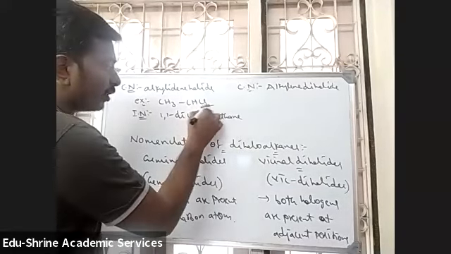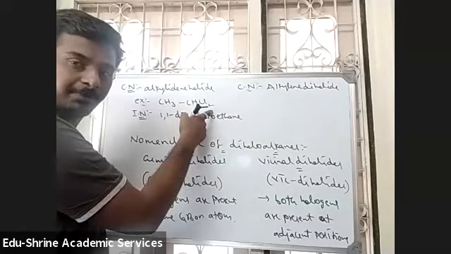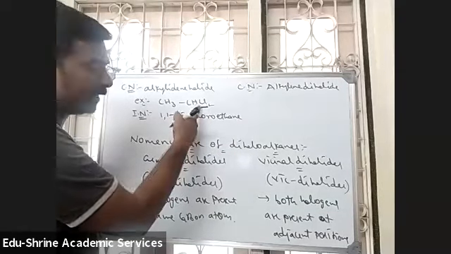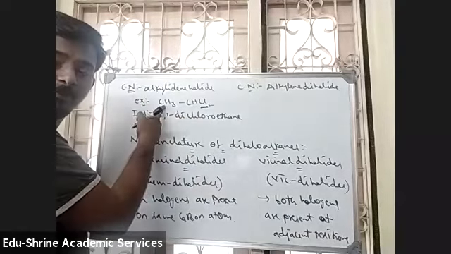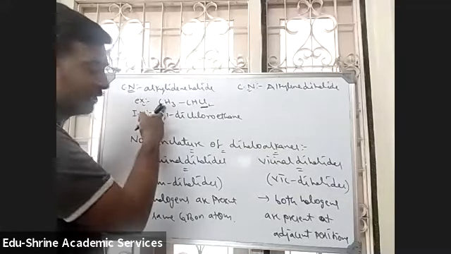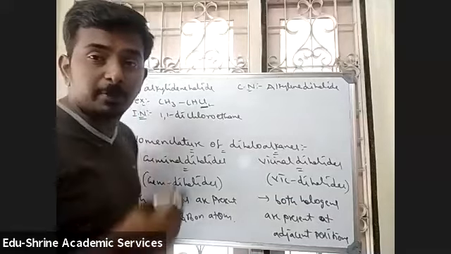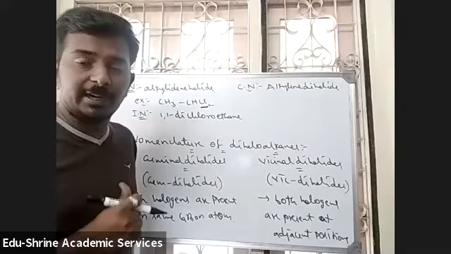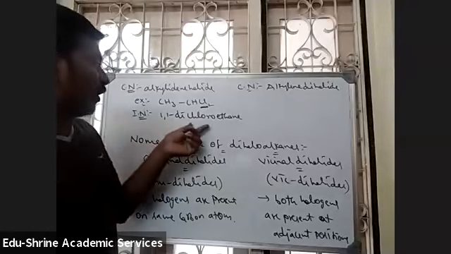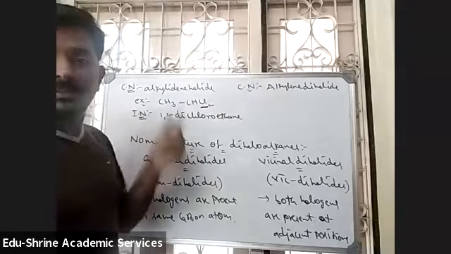You need to mention the positions of chlorines, because if I write 2 chlorines on this carbon atom and 2 chlorines on this carbon atom, then there is not going to be any change. But if I write 1 chlorine here and 1 chlorine here, you will get 2 different possible numberings. So in that case, definitely you need to mention the number. So 1,1-dichloroethane is the compound.